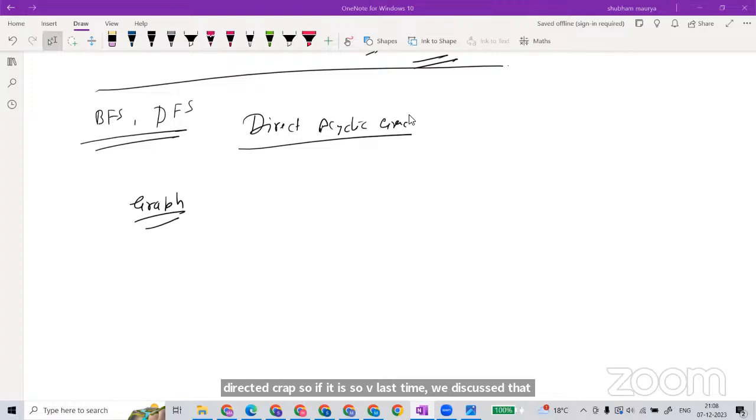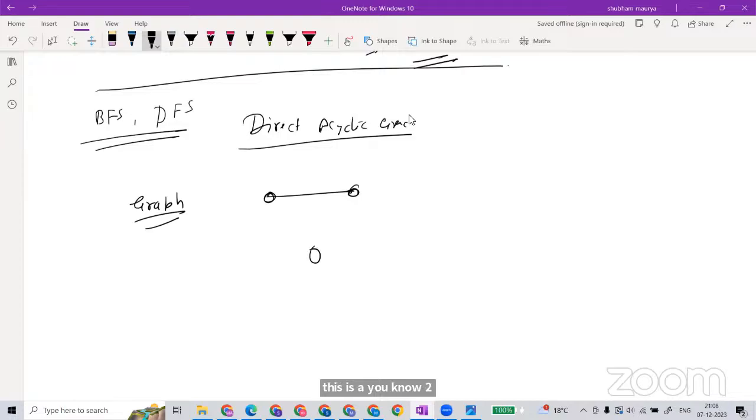We have already discussed what a directed graph is. Suppose a graph is given with airports: let's say this is Delhi, this is Chennai, and this is Mumbai, and the connecting flights are like this, and the direction is given like this.